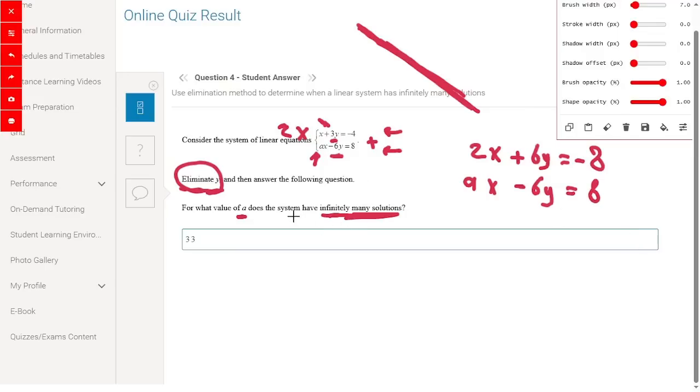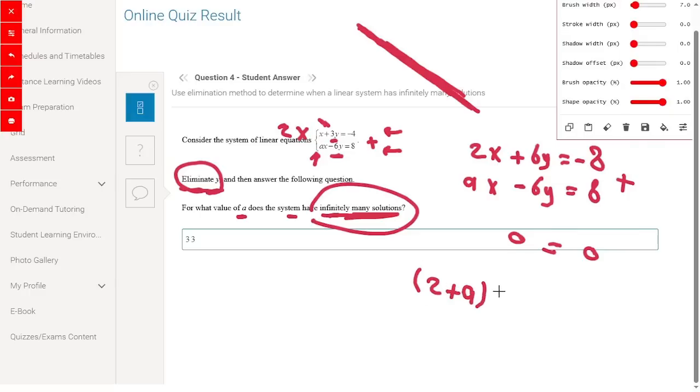Now, for the system to have infinitely many solutions, both sides have to be the same, because they are the same lines. So this equation, left-hand side and right-hand side, has to be 0 because they will be equal. So now let's add. We will have here 2 plus a times x, plus 6y minus 6y is 0.